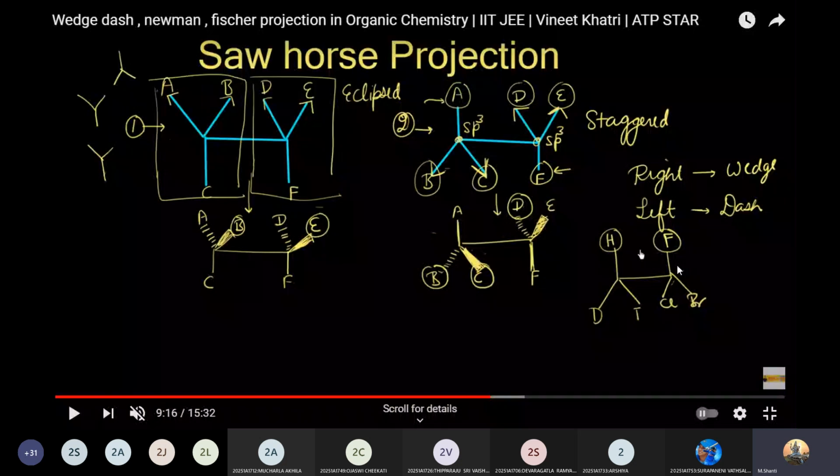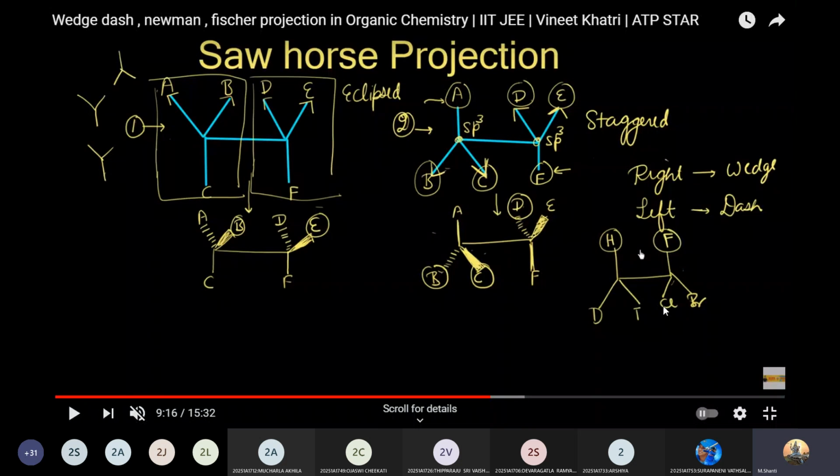And how about the Cl? Cl is inclined to the left direction, so therefore that will be shown as a dash in the diagram. And how about H and F? As it is, ma'am. You are not going to disturb that.